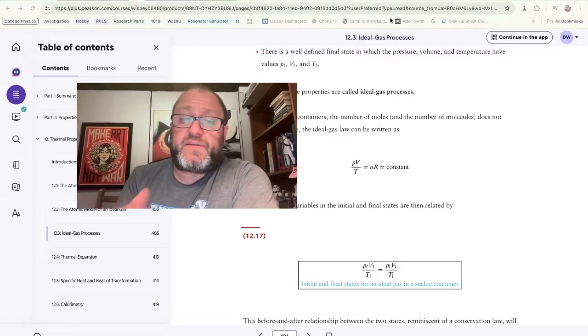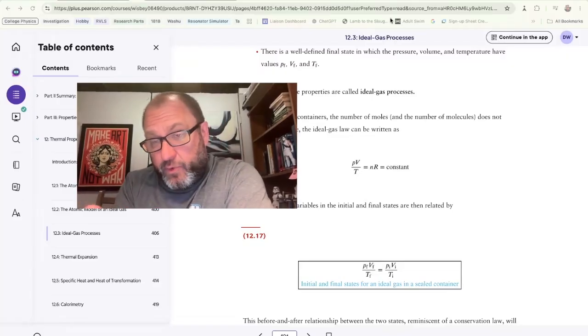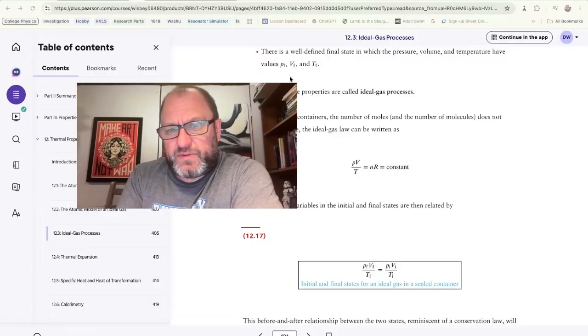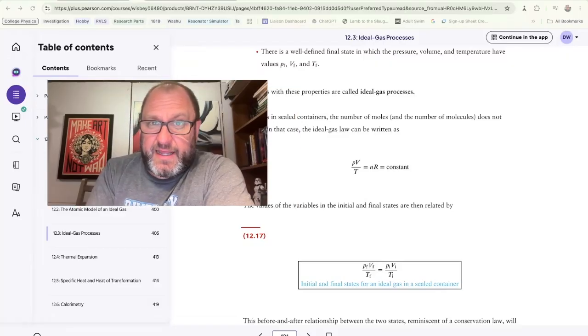Well, let's look at the physics of what happened inside of the boiling can of Pepsi in my car on a hot summer day. This equation right here is PV equals nRT, or PV over T equals nR. Let me show you a different way to write this equation, which I think will help you remember it.